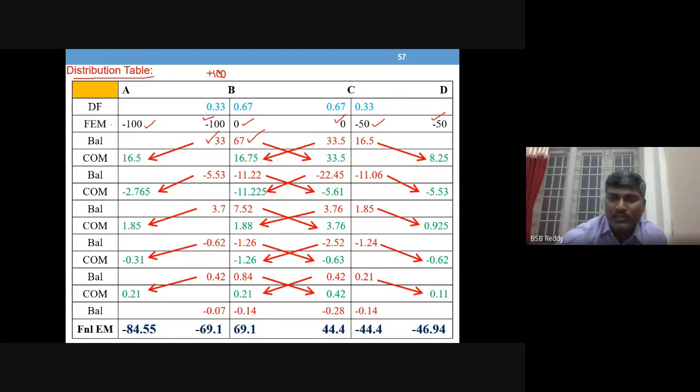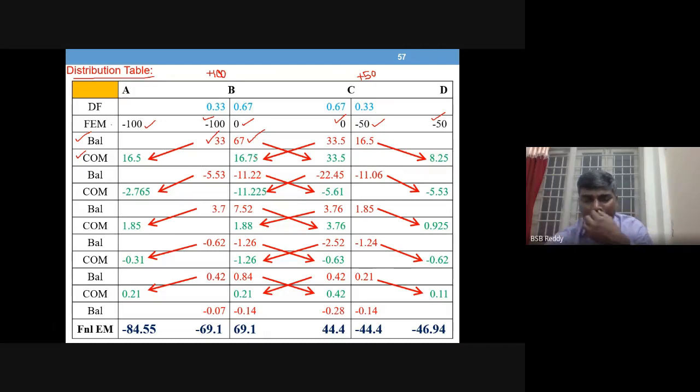Here -50 is the balance, so add +50. How much goes to C in BC and C in CD is decided by the distribution factors. Likewise balance it, then carry over to the far ends.